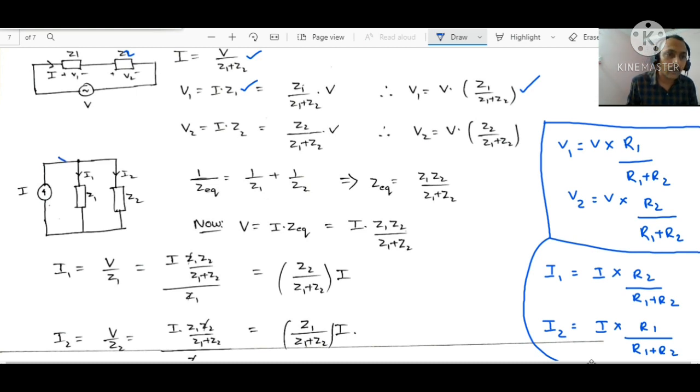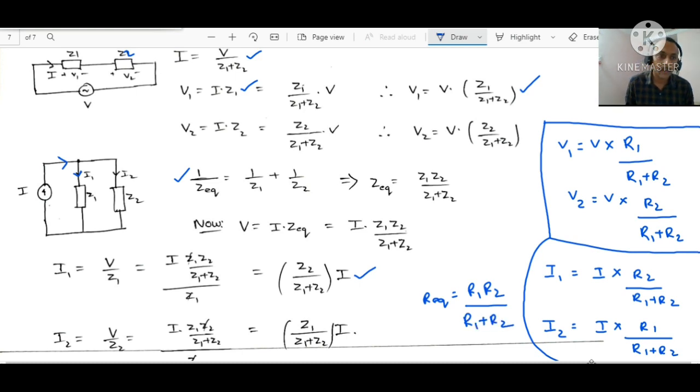For impedances also, the current comes up to here and divides into I1 and I2. Current flowing through Z1 is I1, and current flowing through Z2 is I2. Now, I1 equals total current into the opposite impedance, Z2 by Z1 plus Z2. Clear? For Z equivalent, 1 by Z equivalent equals 1 by Z1 plus 1 by Z2. Just like if two resistors are in parallel, R equivalent equals R1 R2 divided by R1 plus R2.